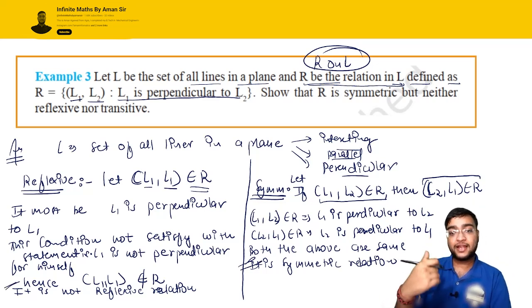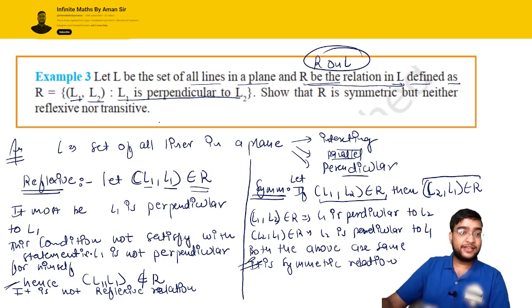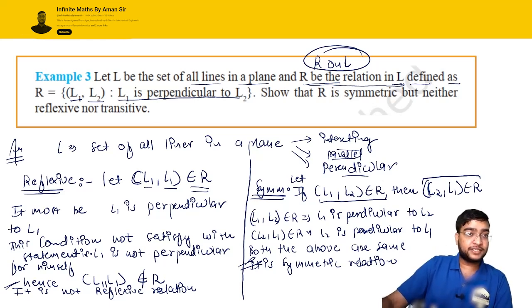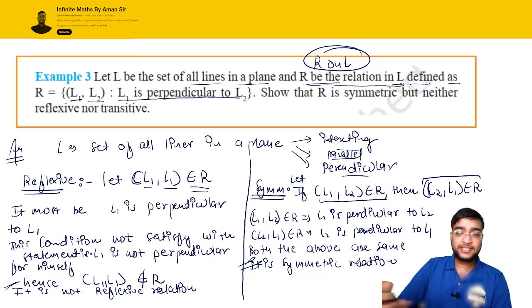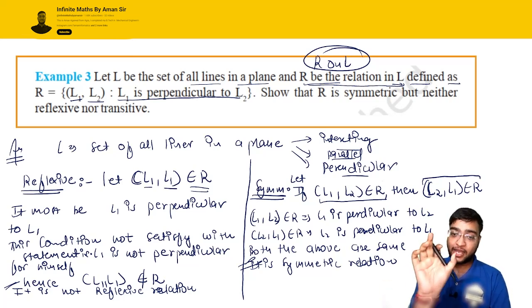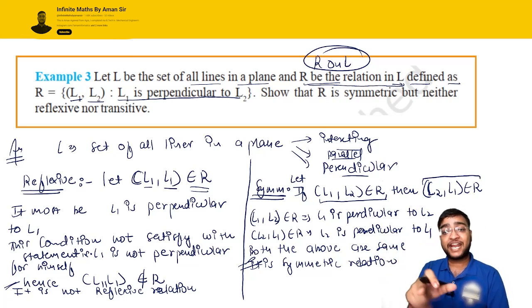Okay, let's talk about the transitive one. What is the transitive one? You take two conditions: an if condition, and try to prove the other condition.